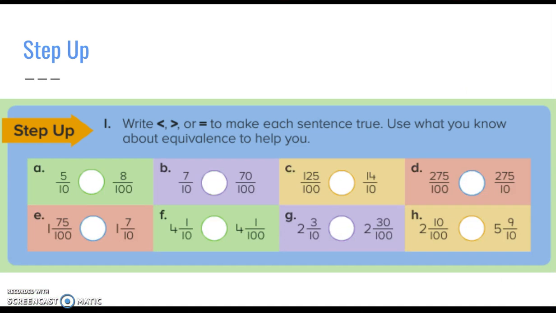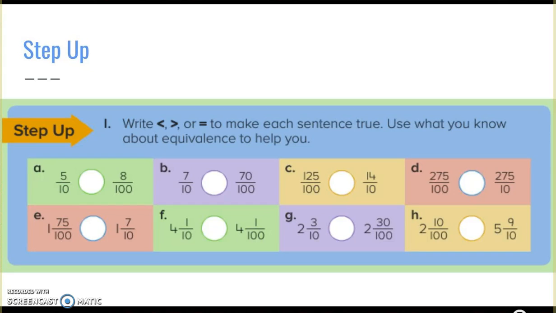Moving on to our step up, question 1, it wants us to compare the different fractions using less than, greater than, and equal to. Remember, you can only compare fractions if they have a common denominator. So for our first one, we have 5 tenths and 8 100ths. So I have to change one of these into a different fraction.